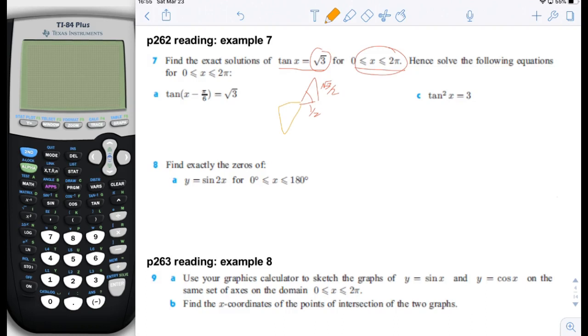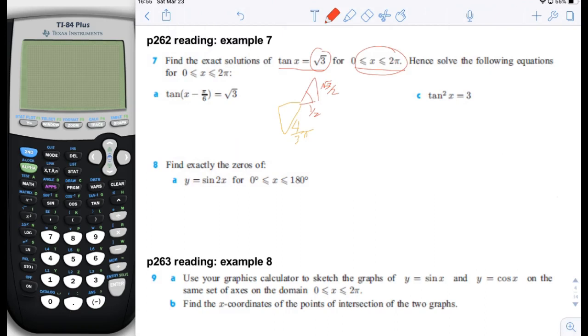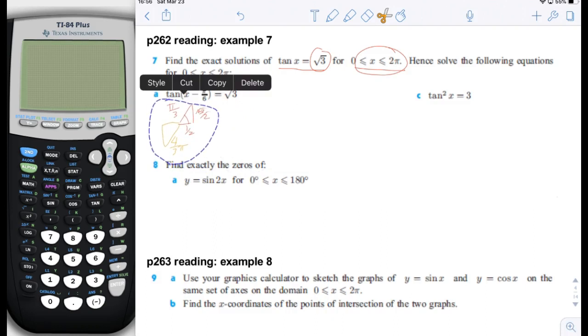So there's 1/3 pi and 4/3 pi, and those are the two angles in radians which give you a tangent of square root of 3. Okay? All right, so there are these two. We'll just put that right there.